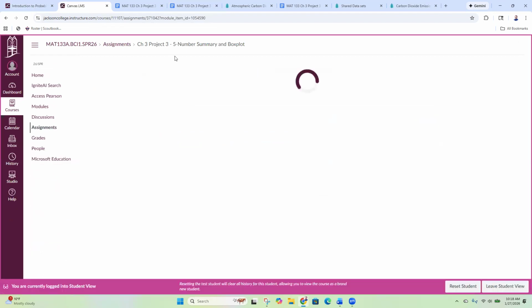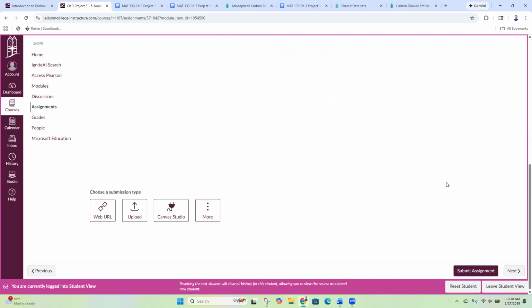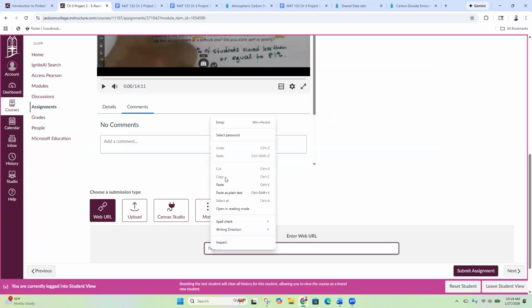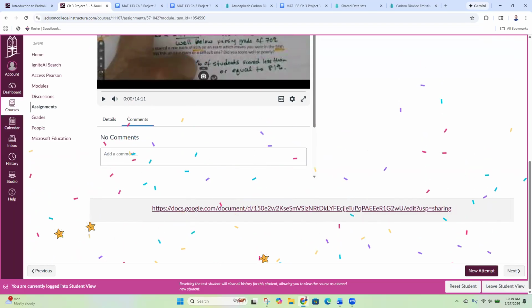So in Canvas, chapter 3, project 3. Scroll to the bottom here, click on web URL, and we'll paste that in here. And submit assignment, get our confetti. I got stars this time. And we're done.